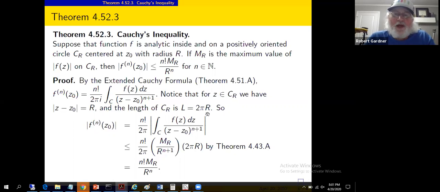It was a circle of radius r, so its circumference or length is 2 pi r. So we get a 2 pi r here. The 2 pi here cancels with a 2 pi here. This r cancels with one of those r's in the denominator, leaving us with n factorial M sub r over r to the n, and that's what the claimed bound was. So, for what it's worth, there's a bound on the nth derivative of f evaluated at z sub 0.